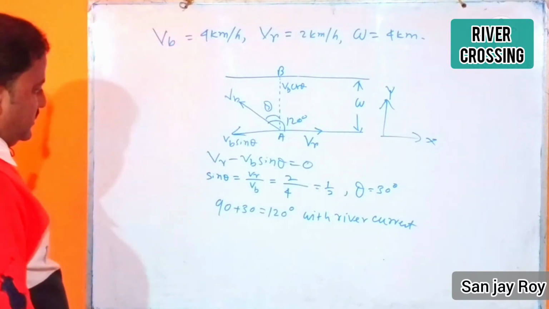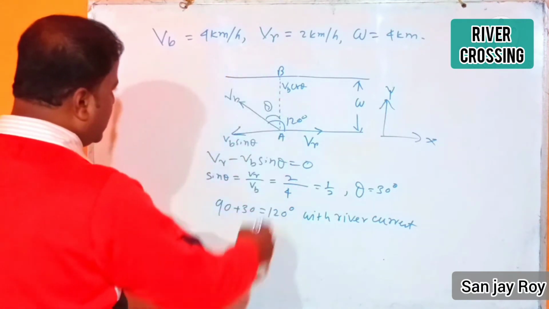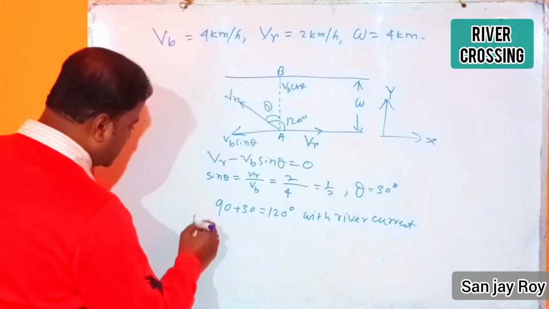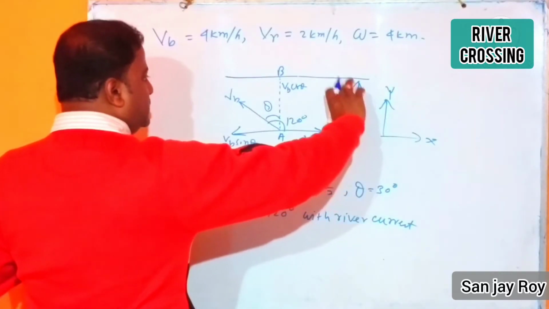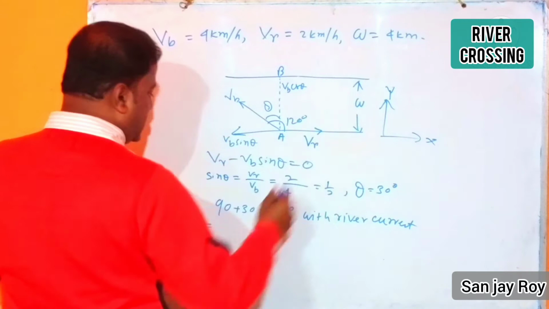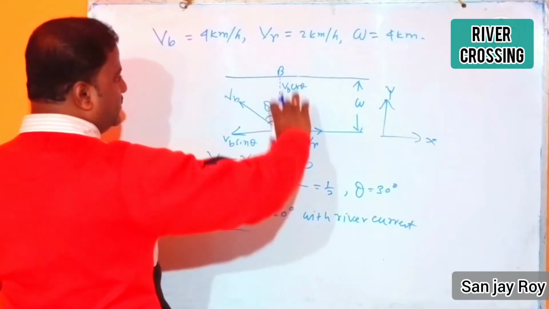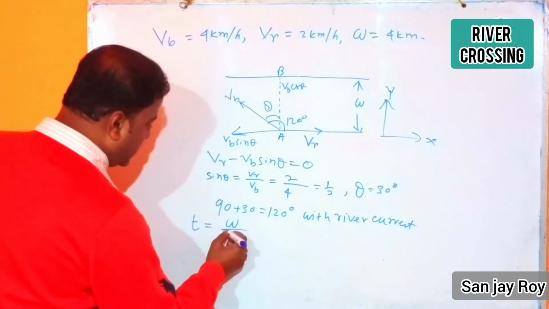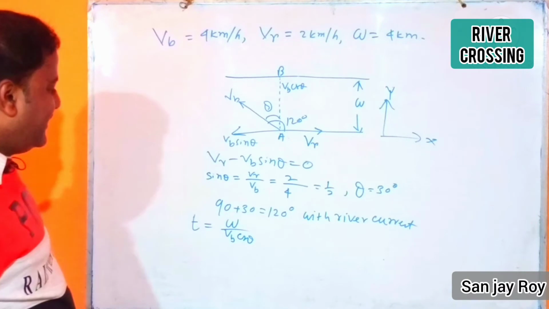And the related other question was, what is the time for the shortest path? Shortest path T equal to, along this y direction, the displacement W and the velocity along this direction VB cos theta. Then this is our time.